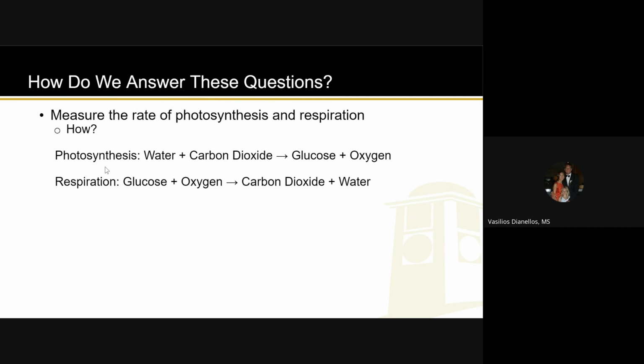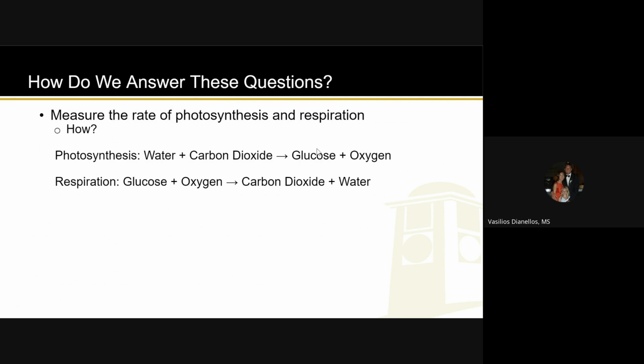Well, regardless of what we're talking about specifically, this is giving us a lot of options, right? If we could somehow measure the amount of water, we know if water decreases, then photosynthesis is happening because photosynthesis uses water. If we could somehow measure the amount of carbon dioxide, we know that if carbon dioxide decreases, that photosynthesis is happening because it uses carbon dioxide.